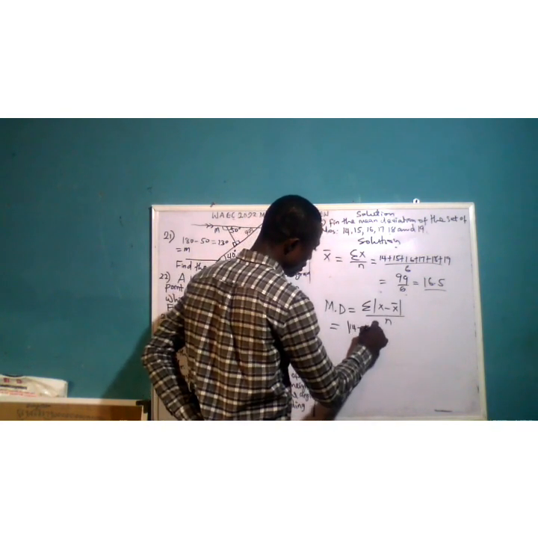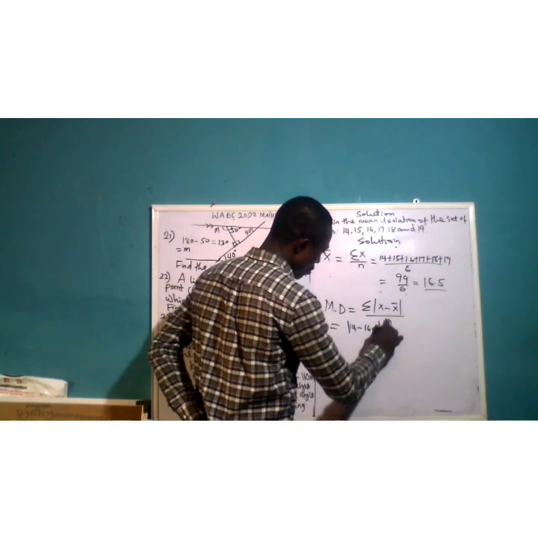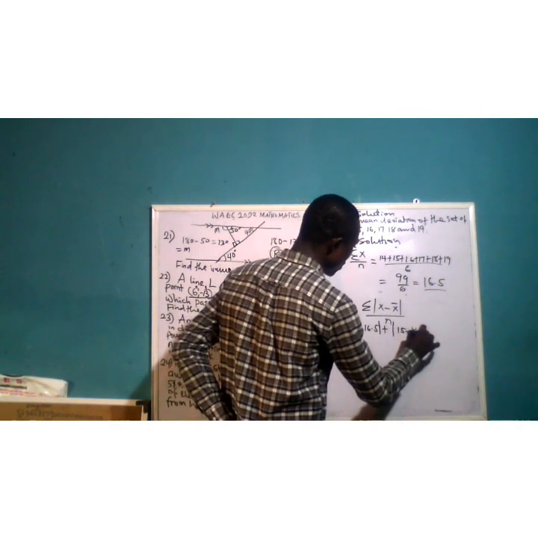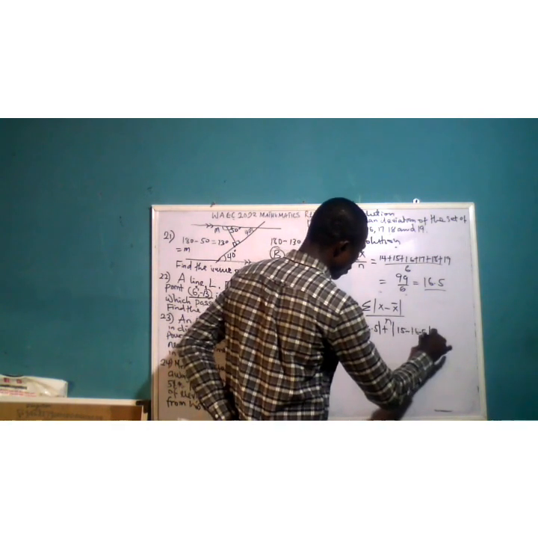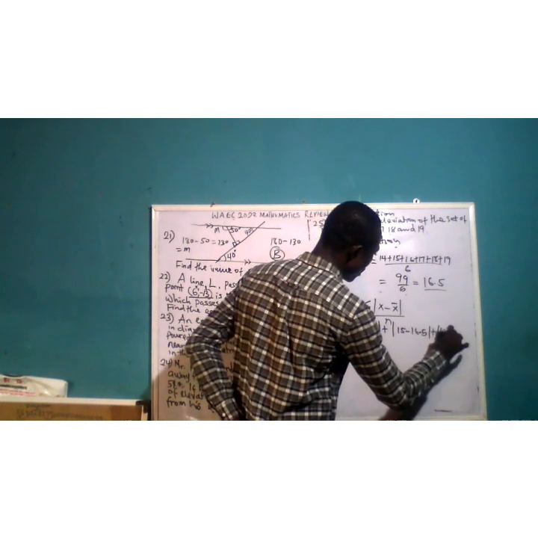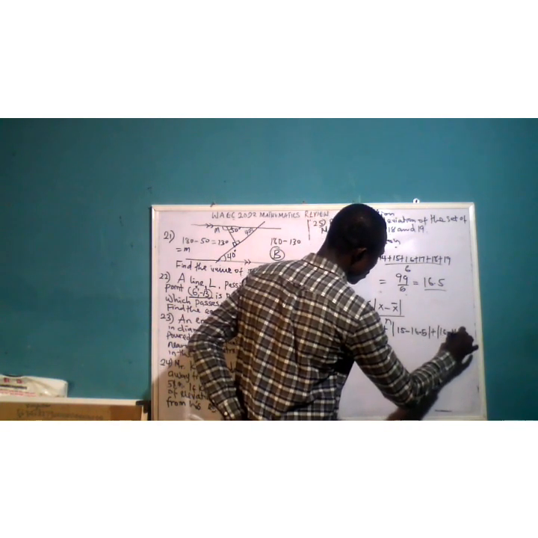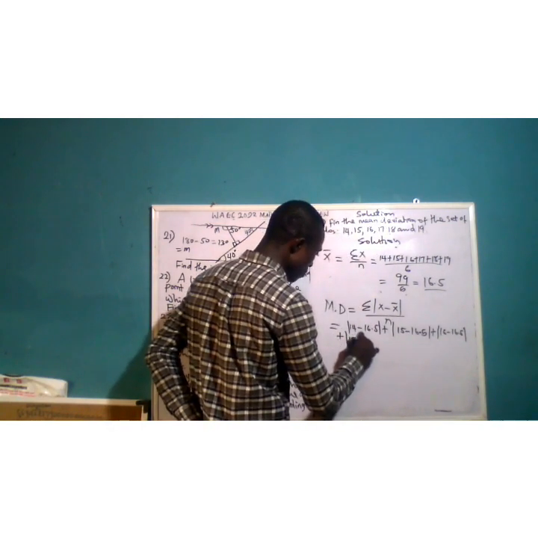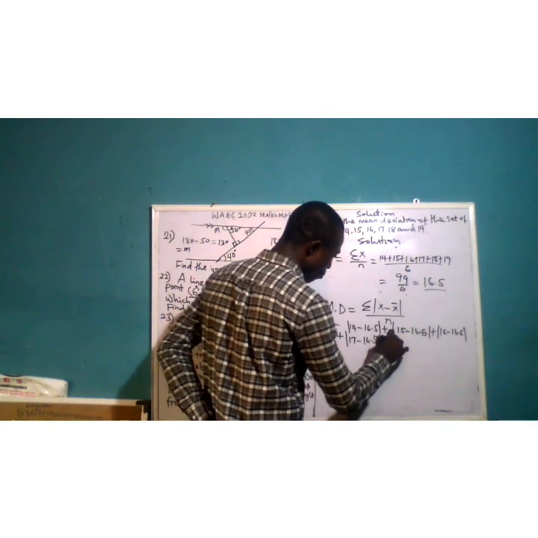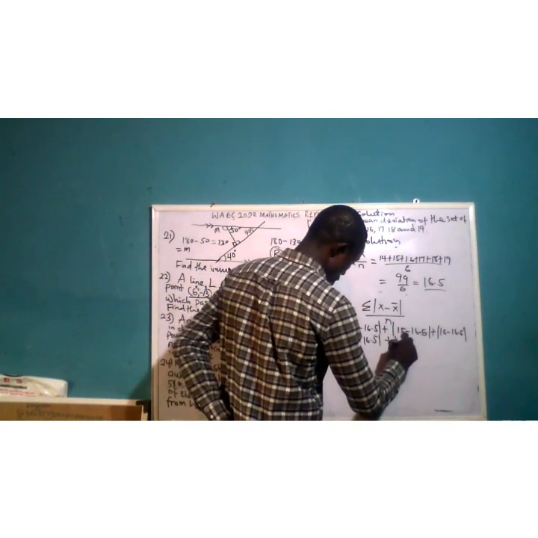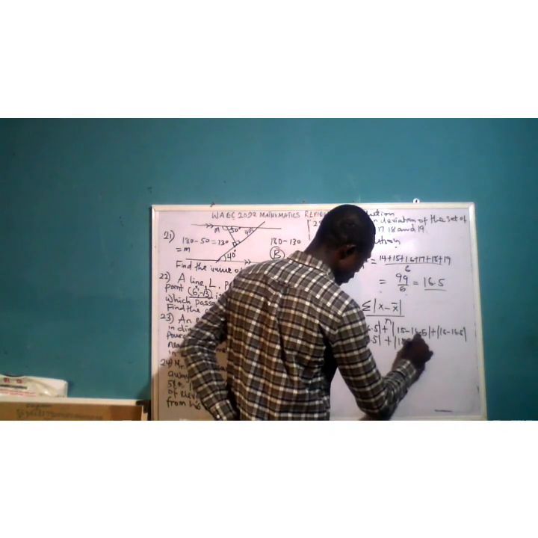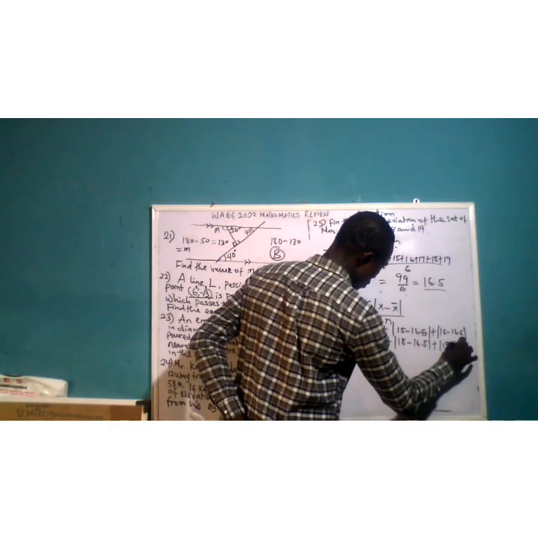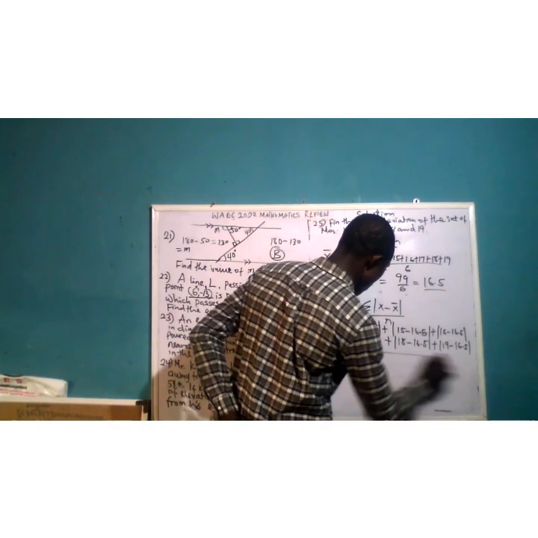So we have the magnitude of 14 minus 16.5, plus the magnitude of 15 minus 16.5, plus the magnitude of 16 minus 16.5, plus the magnitude of 17 minus 16.5, plus the magnitude of 18 minus 16.5, plus the magnitude of 19 minus 16.5, everything all over 6.